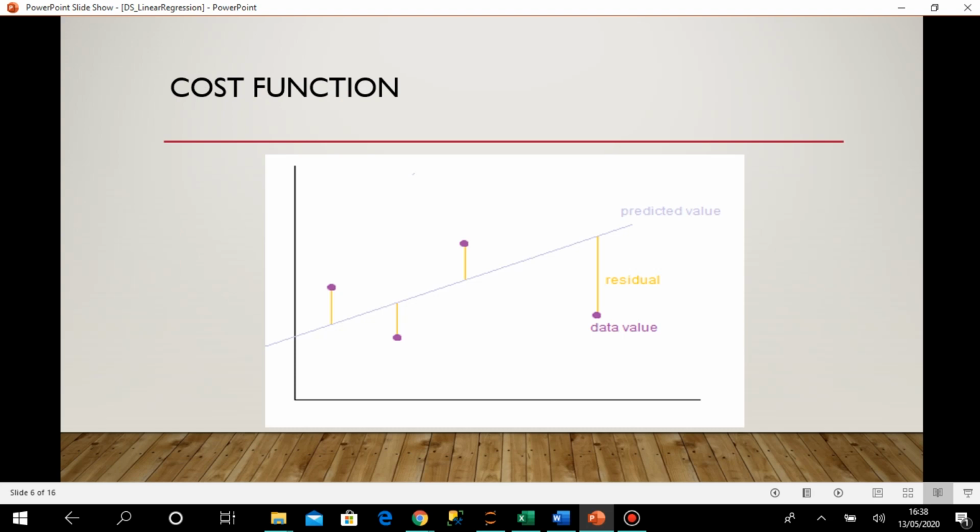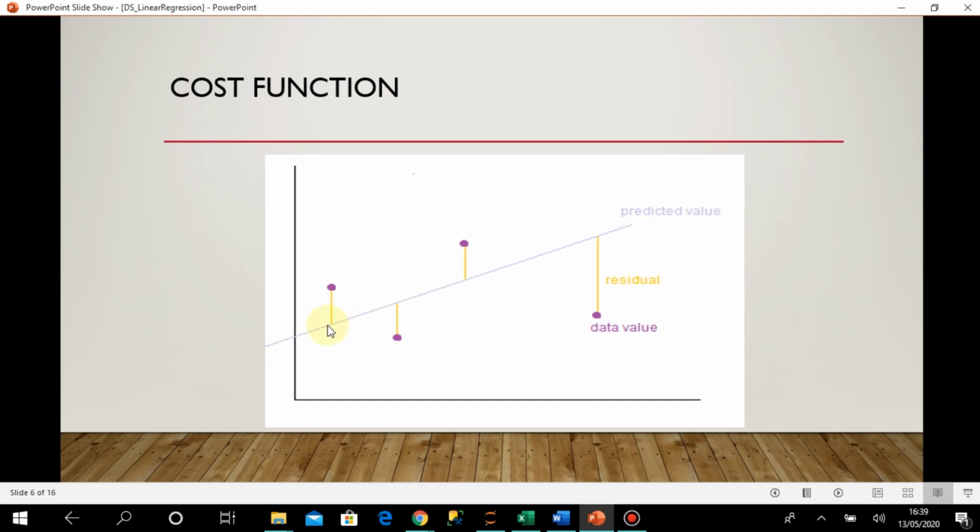Before going to the cost function, we'll see this diagram. Suppose these violet points are the actual outputs for a particular value of a feature. If the feature is plotted on the x-axis and the outcome on the y-axis, then each violet point shows, for a particular value of the feature, the actual value of the outcome. This blue line is the predicted value line.